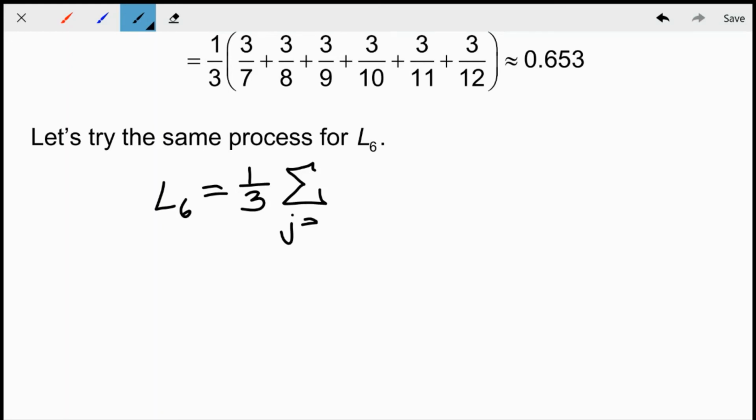So I'm going to start at j is 0, and when I'm on that last subinterval, the 6th subinterval, I'm going to be looking at the left side of that, so I'm going to add 5 delta x's when I get to that last subinterval.